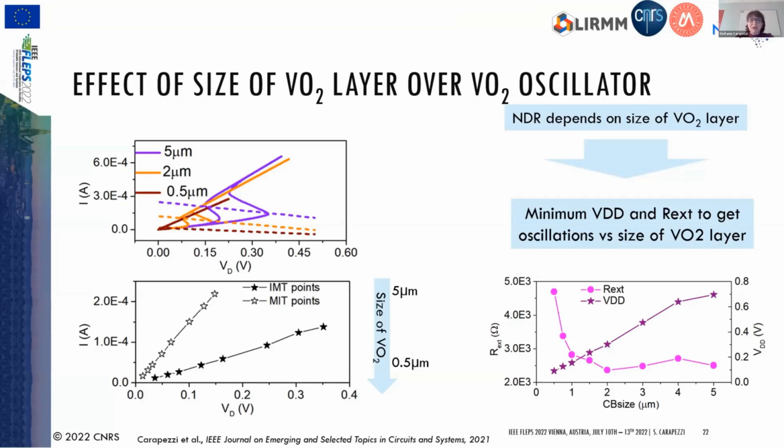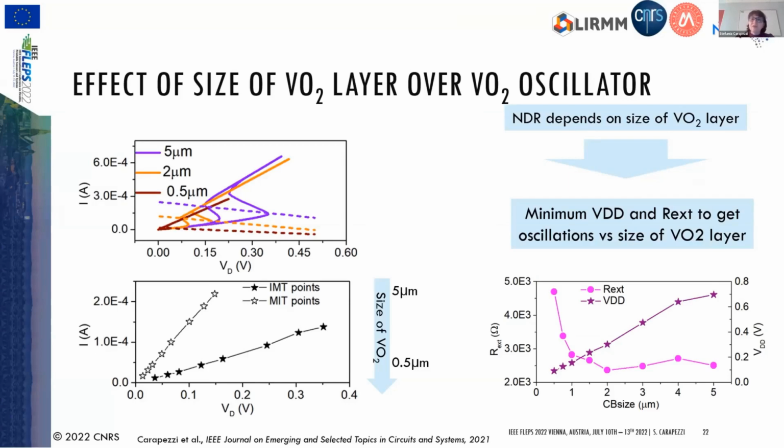And this is mirrored in a trend for the so-called IMT and MIT points, so the points at which you have the switching from insulator to metal and the switching back from metal to insulator. This is important because, as I mentioned before, the negative differential resistance region is essentially identified by these points.